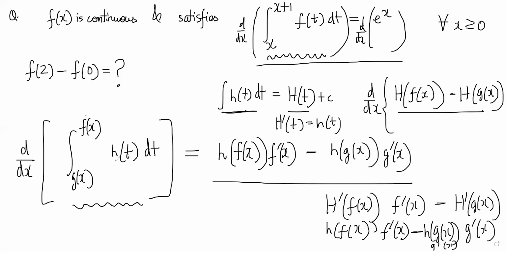So basically you take the function, put the upper limit in it, differentiate the upper limit, minus take the function, put the lower limit, differentiate the lower limit.